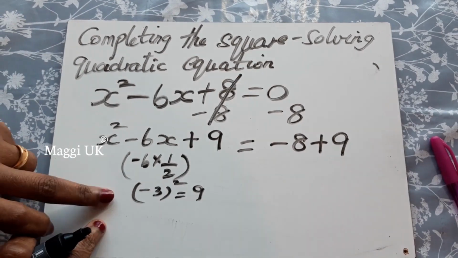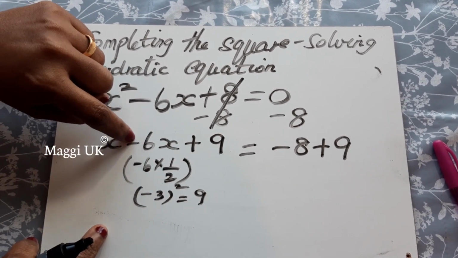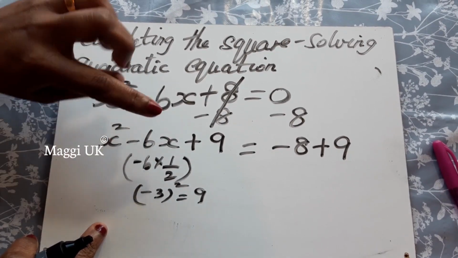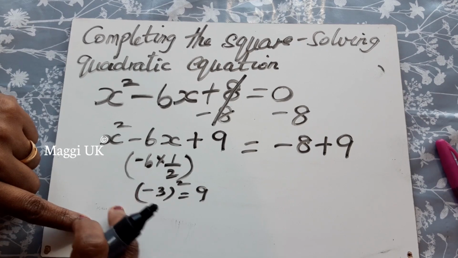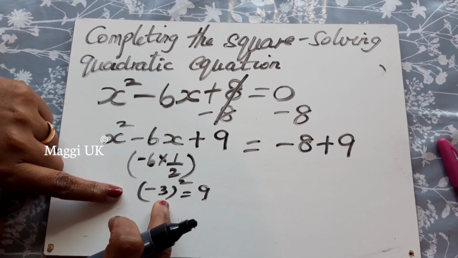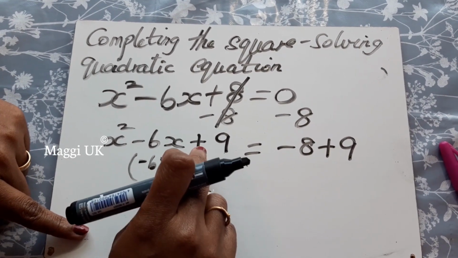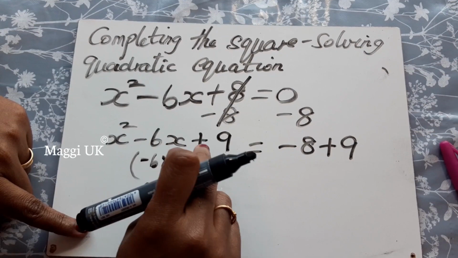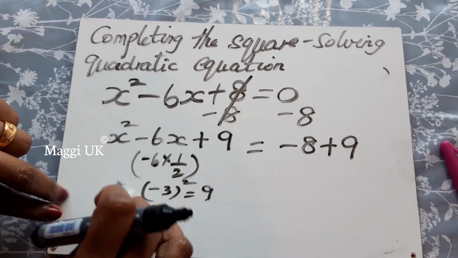So this is the step: you need to half the 6, and because you have a minus 6, half of minus 6 gives you minus 3. And you need to square this to get 9. I'm going to take that and fill it in after the x term, and to the other side the same, plus 9.